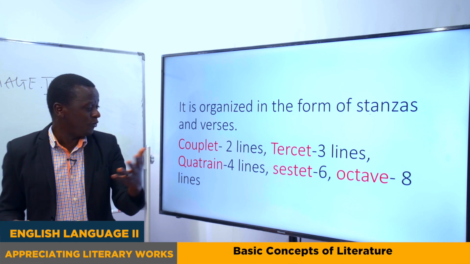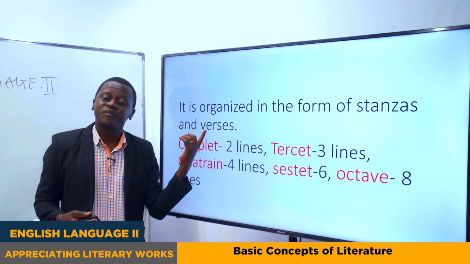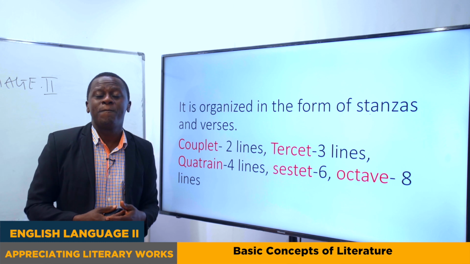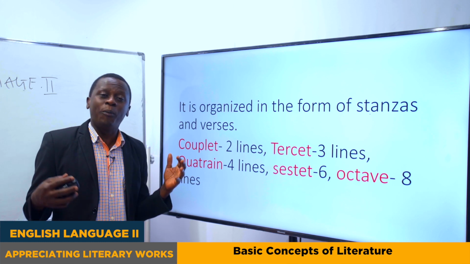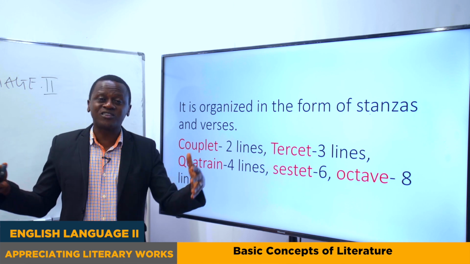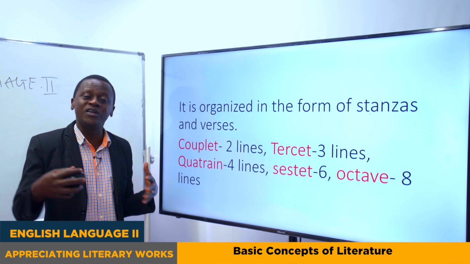Now, again, you may ask yourself, what is a verse? Or what are the verses? These are just lines. If it's single, it's a verse. A verse is a single line in a poem. Now, a poet may compose a poem with several stanzas. And each stanza may have a different number of verses.